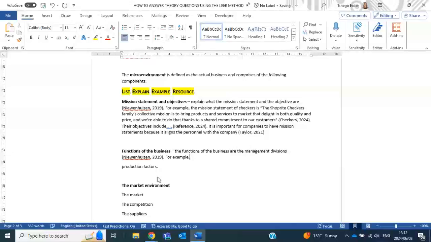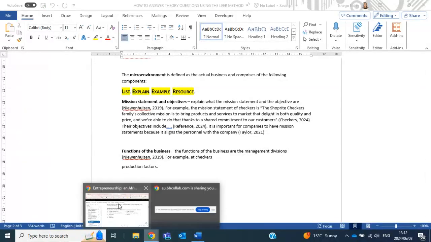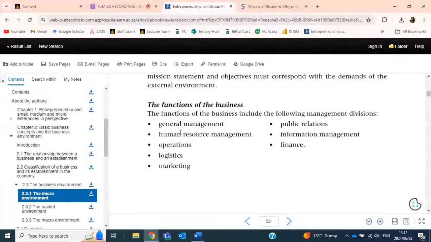And then that's, for example, at Checkers, because remember, Checkers was our case study, right? For example, at Checkers, they have, and you can look at these: general management, human resources, operations.